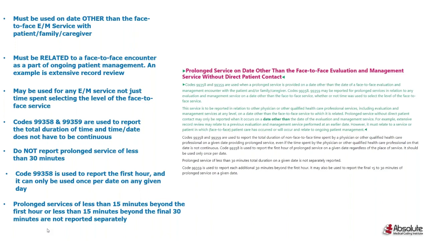Code 99358 is used to report the first hour, and it can only be used once per date on any given day. And finally, prolonged services of less than 15 minutes beyond the first hour or less than 15 minutes beyond the final 30 minutes are not reported separately.